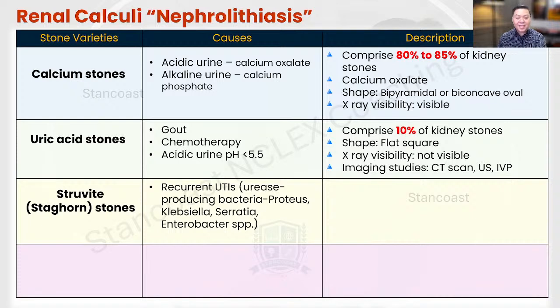Now, this is a type of stone that will thrive in an alkaline urine. Please take note of that, alkaline urine. This is also associated with the urea-splitting bacteria, wherein they're going to convert the urea to ammonia, which will create the alkaline urine.